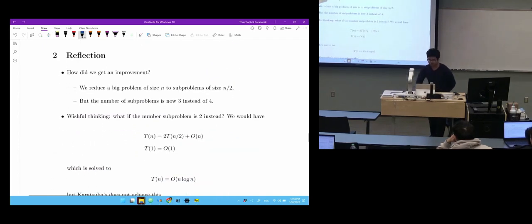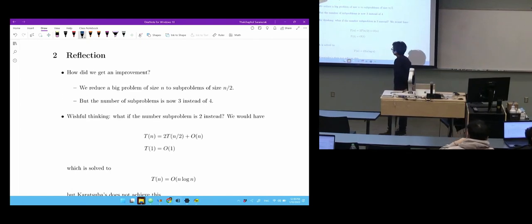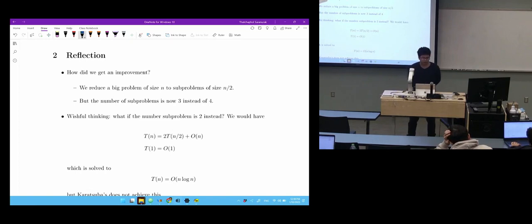So just to reflect upon this a bit, how did we get this improvement exactly? Well, we reduce a big problem of size n to the same problem of smaller size. And if the number of sub-problems is non-trivial, basically, instead of 4, you get the number of sub-problems to be 3. Now you get some nice improvement.